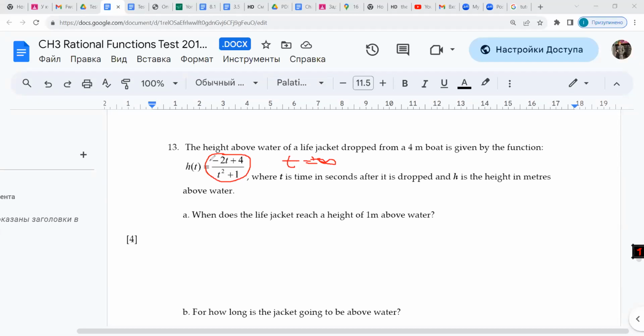We also see that the numerator is negative. It has a negative leading coefficient, which is also important. So once we substitute t equals infinity in here, in the numerator we're going to get negative infinity, and in the denominator we're going to get infinity squared.